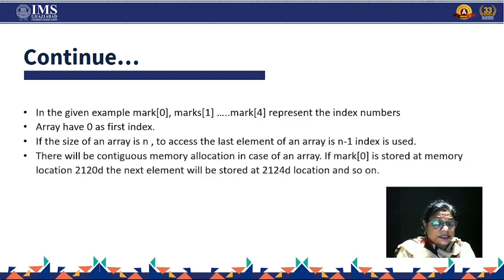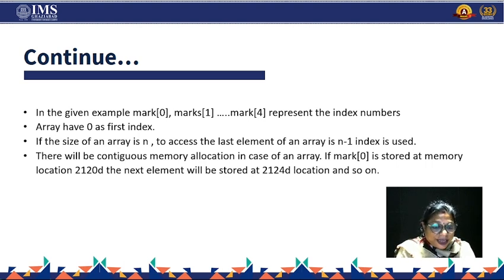Now, memory allocation in an array is contiguous. If mark[0] is stored at memory location 2120, the next element will be stored at location 2124. How? A float consists of 4 bytes.